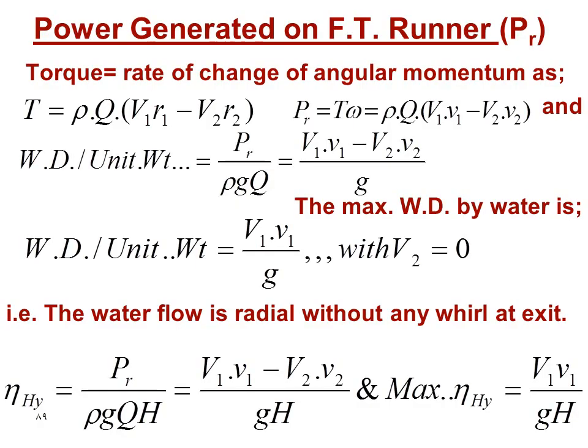Okay. Efficiency drops, in slide 89. We can find that eta hydraulic at part load will be less than at full load due to the existence of a whirl component at exit, and also due to the shocks and the eddies at inlet.